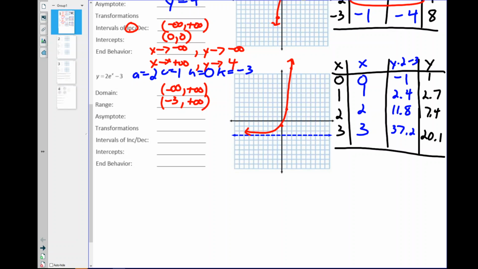Dennis, where's my asymptote? Good. Make sure you put the y equals. I guarantee if you put x equals on that, it's going to be wrong. Cade, how many transformations do we have here? Which ones are they?